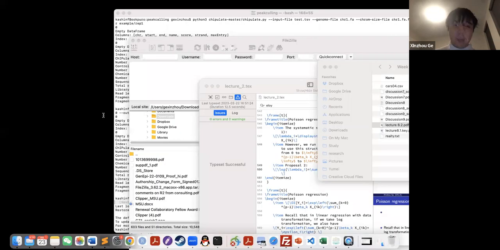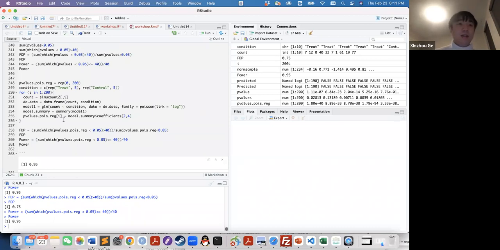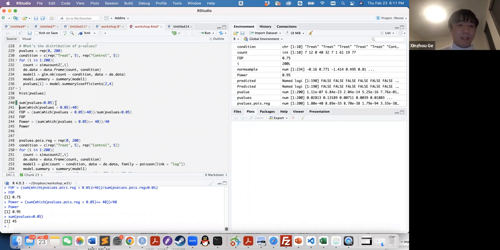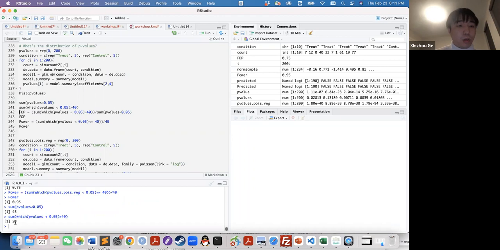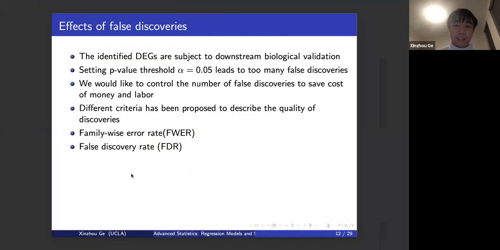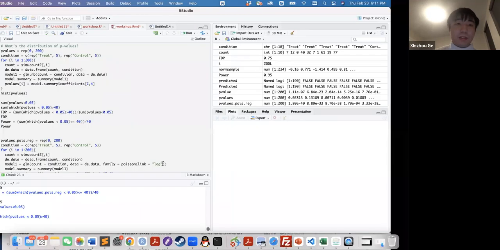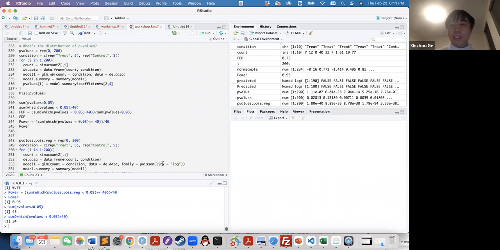If we go back to the negative binomial regression, we will see that here we have more false discoveries than expected. We have 24 false discoveries compared to the 8 discoveries, which is the expectation. So why is this the case? It's because for negative binomial regression, theta is estimated from the regression model, and the estimation of theta is not accurate.